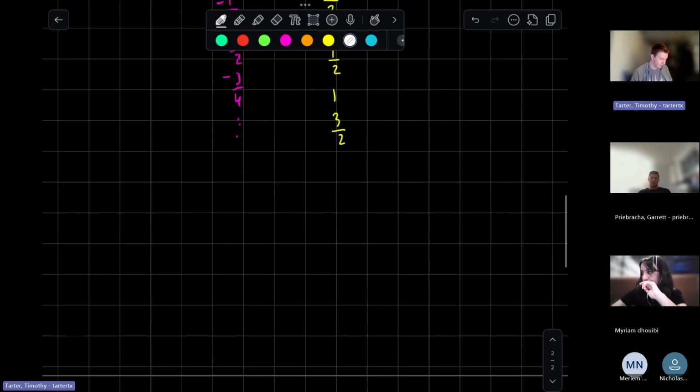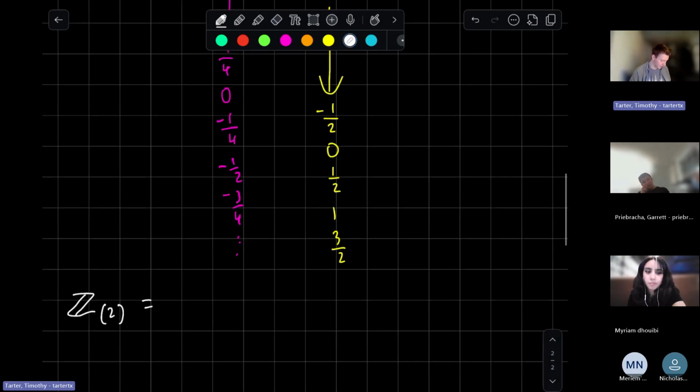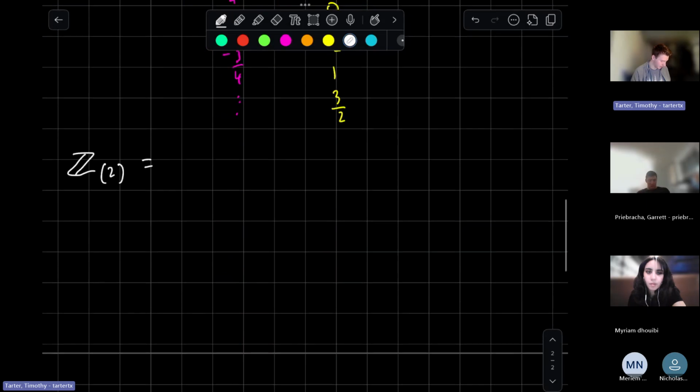Alternatively, the ideal generated by 2, so Z localized at the ideal generated by 2 is all of the things which you can divide by all odd things. So anything that is not a multiple of 2. So we can divide, notably, not by 1.